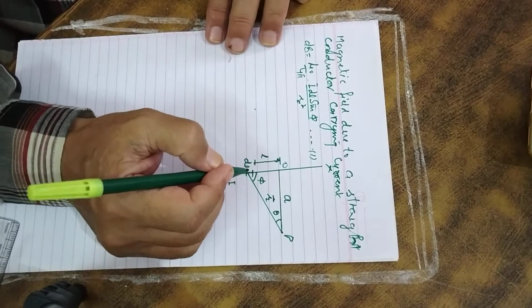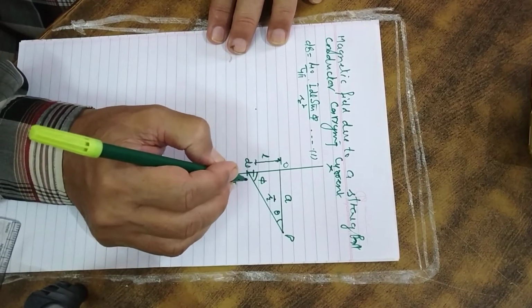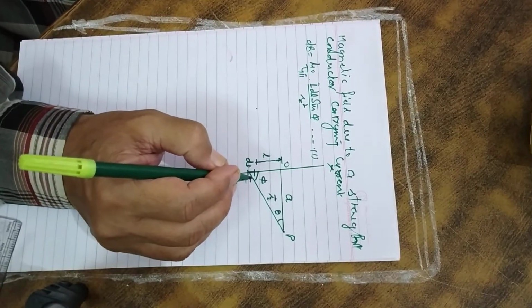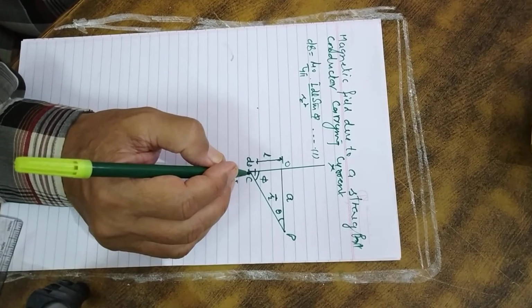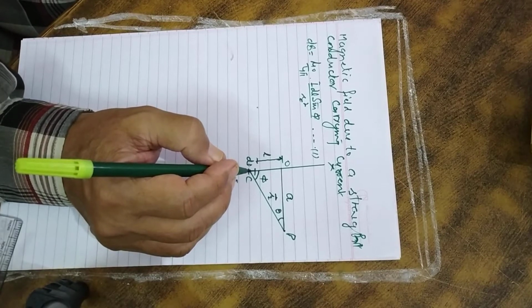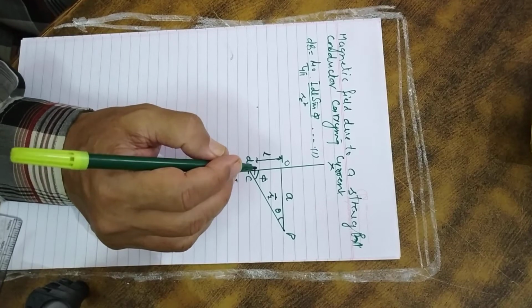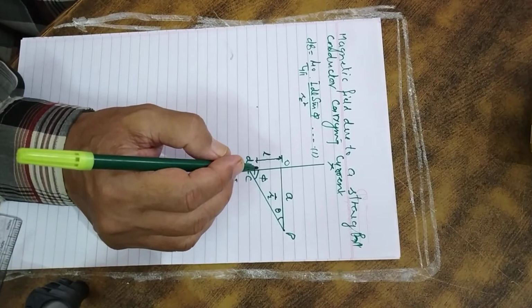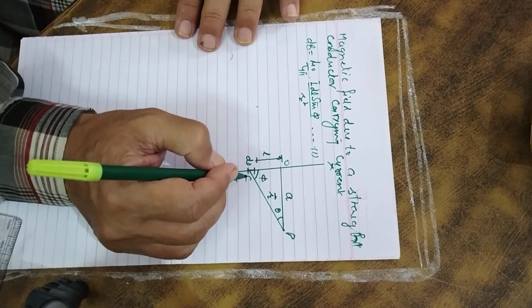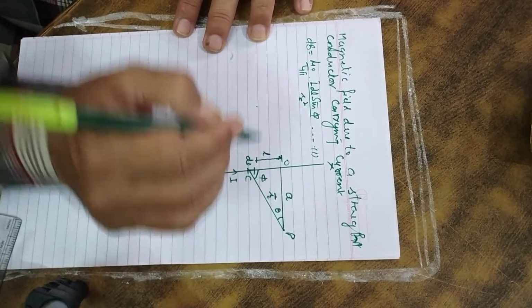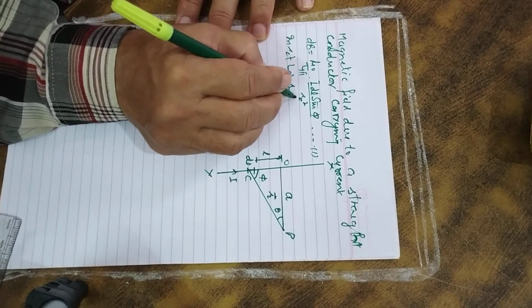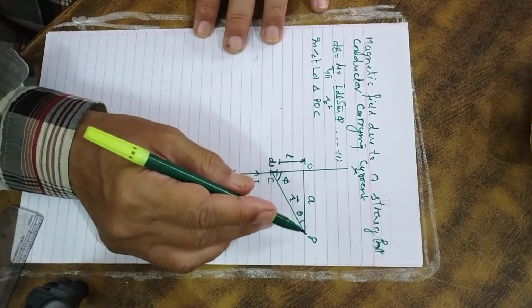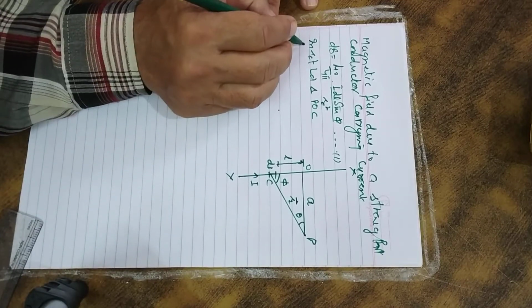Now I am taking this point as point C. In right angle triangle POC, what is sin phi?